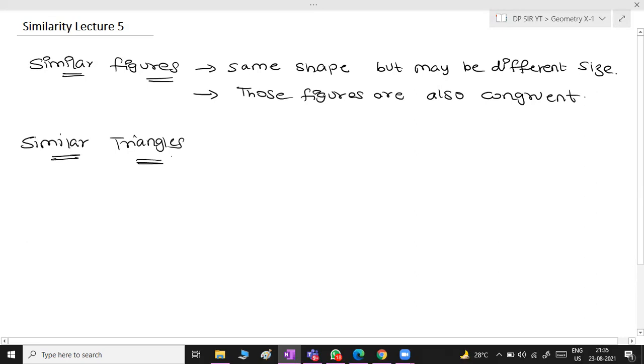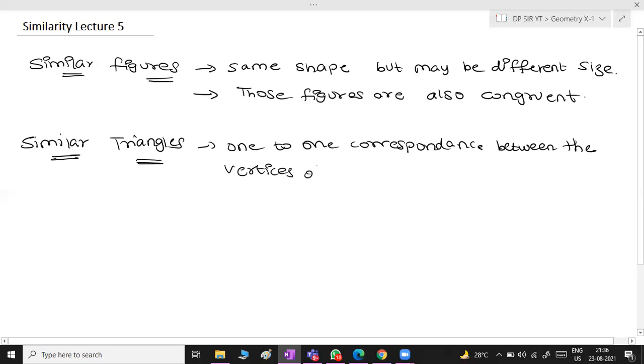For given triangles, there should be one-to-one correspondence between the vertices of two triangles.